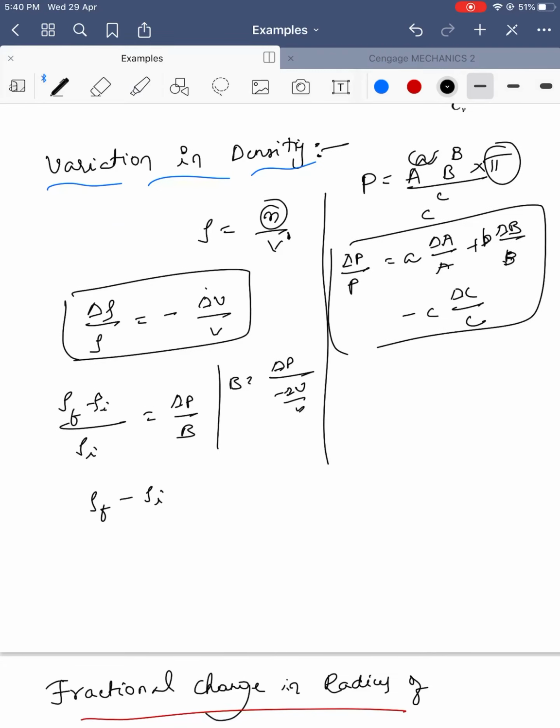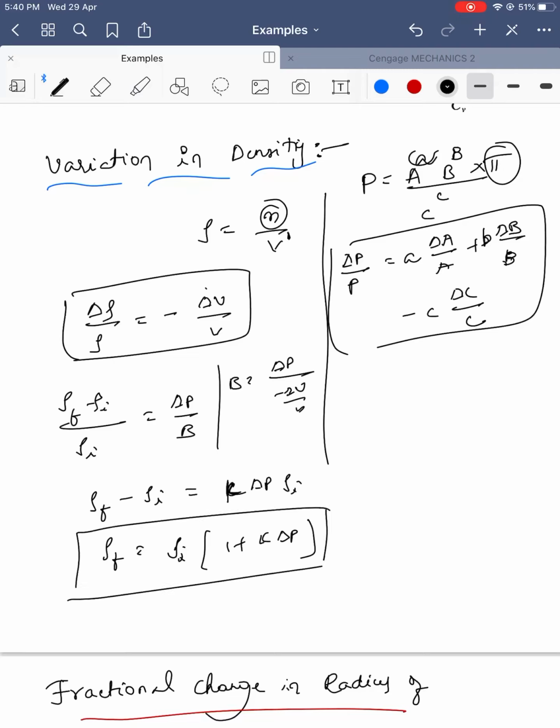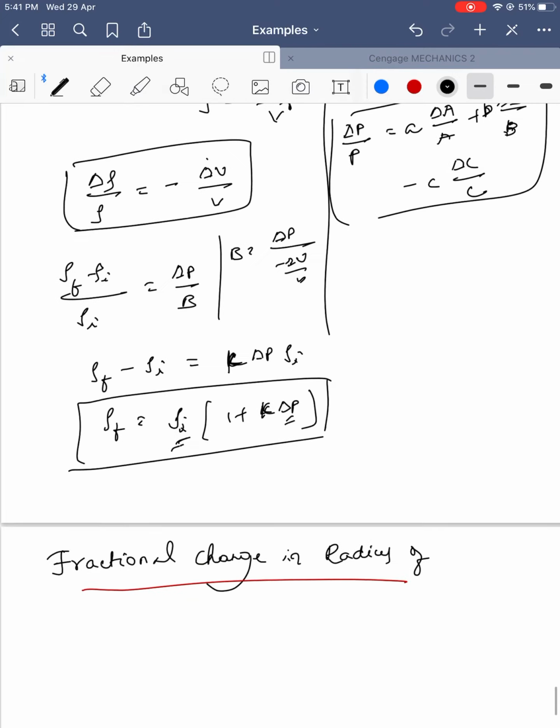So rho final minus rho initial is equal to K, the compressibility, the reciprocal of B, into delta P into rho initial. Rho final is equal to rho initial into 1 plus K into delta P. This is the final density of the liquid when it is subjected to a pressure delta P, with compressibility K.